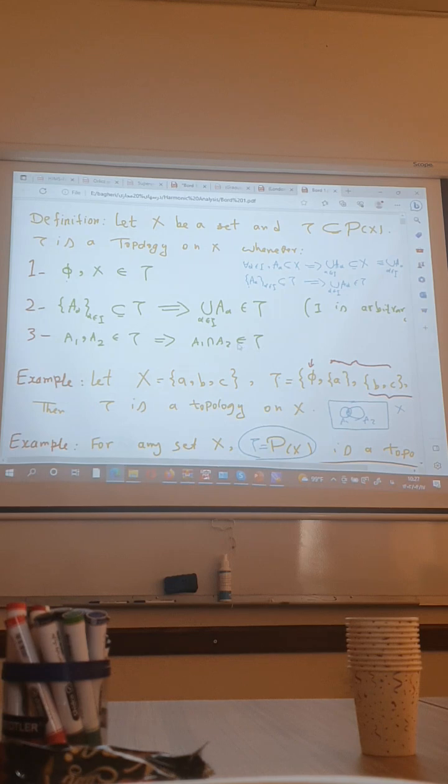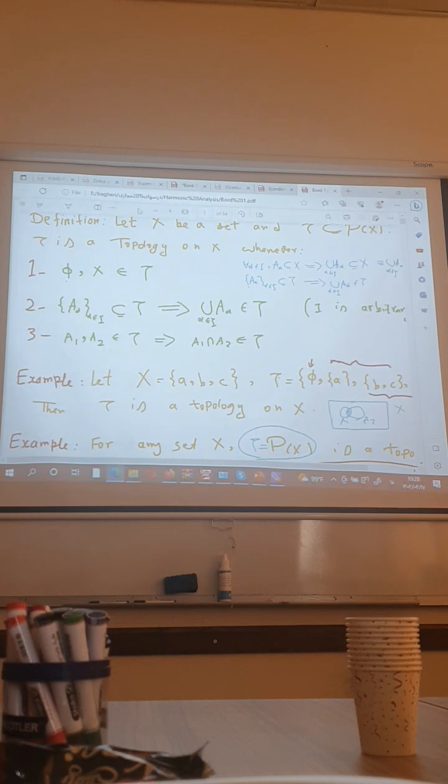So for topology, we say that any topology is closed under arbitrary union and closed under finite intersection. Because this is equal to, for any finite elements, this intersection belongs to tau, okay?